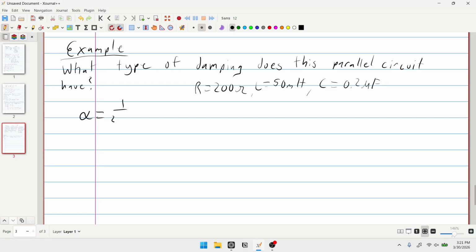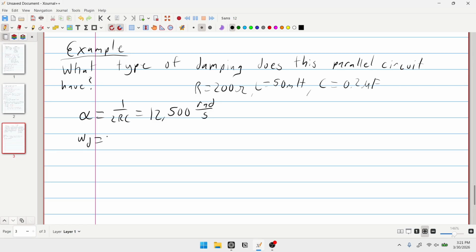So alpha is 1 over 2RC. If we plug that into our calculator, we will get 12,500 radians per second. That's the unit of our alpha, also known as the neper frequency, some terminology you might hear.